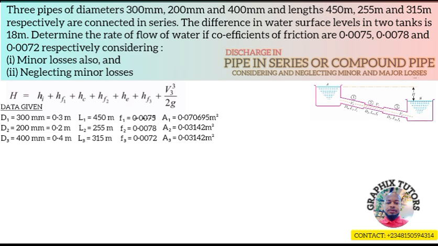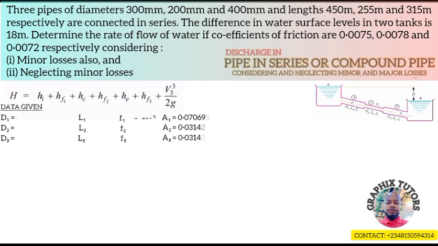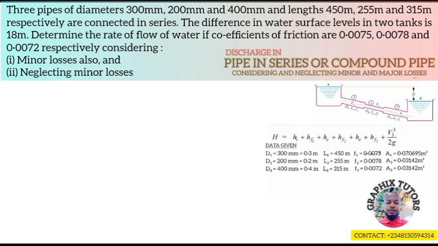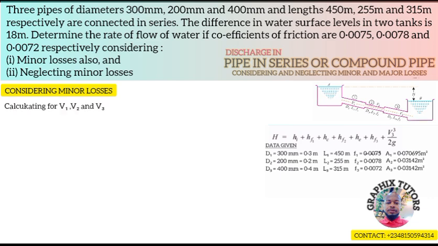So similarly, from the formula that we have, we need to calculate the velocity, right? We need the velocity in pipe 1, the velocity in pipe 2, and also the velocity in pipe 3, all together, considering minor losses. We're calculating V1, V2, and V3 in each pipe.